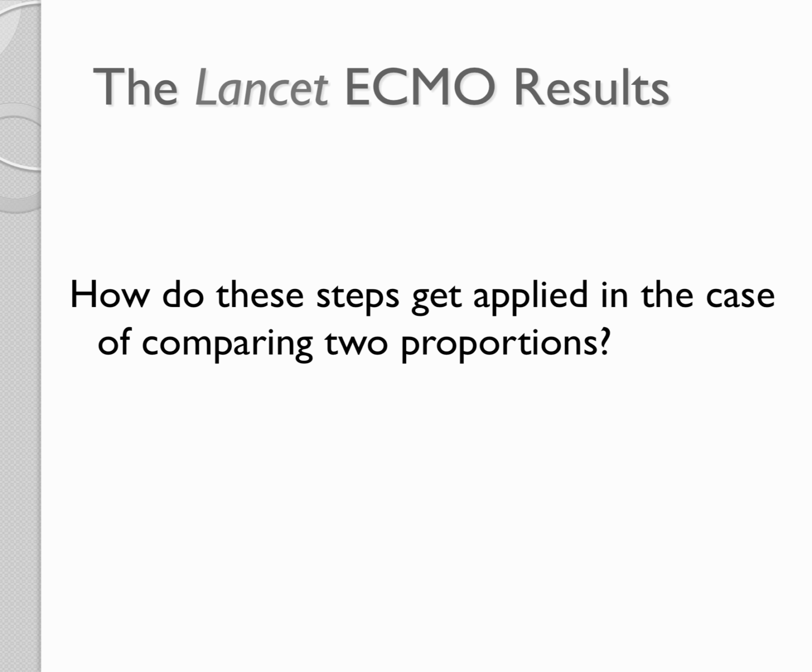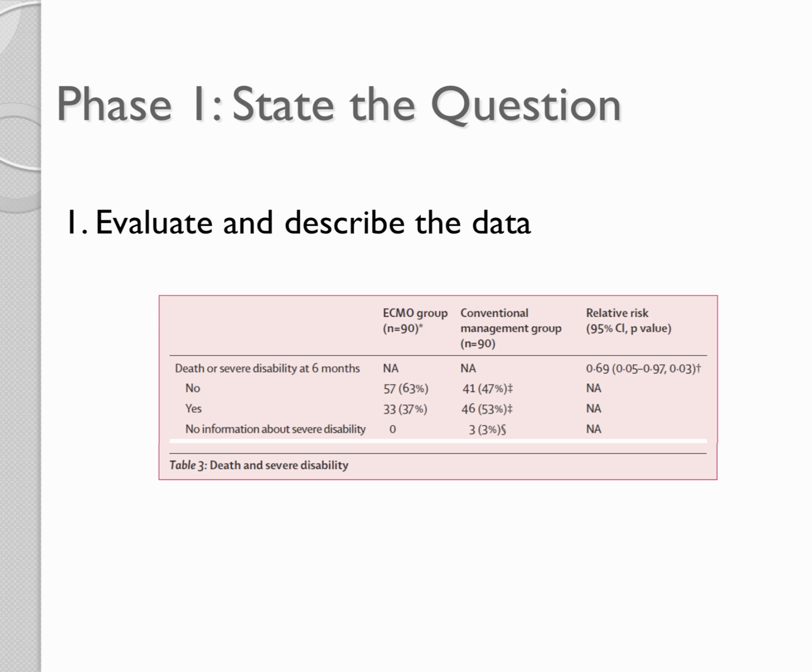For the ECMO results, how do these steps get applied in the case of comparing two proportions? If we look at table 3 in the paper, it will help us evaluate and describe the data. They have shown death or severe disability at 6 months as a no, which actually means that the patients survived. So they've sort of formed this in the way of a double negative.